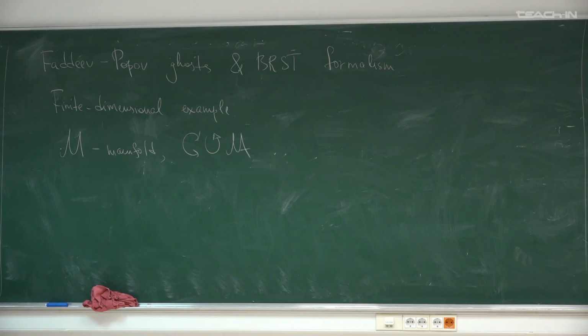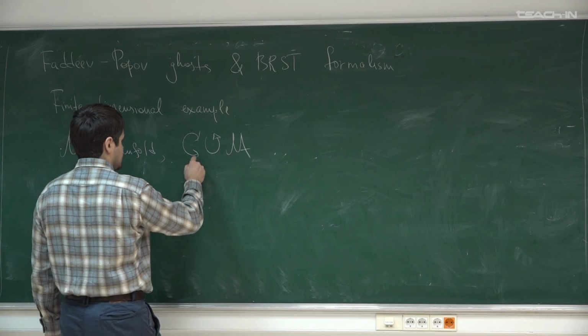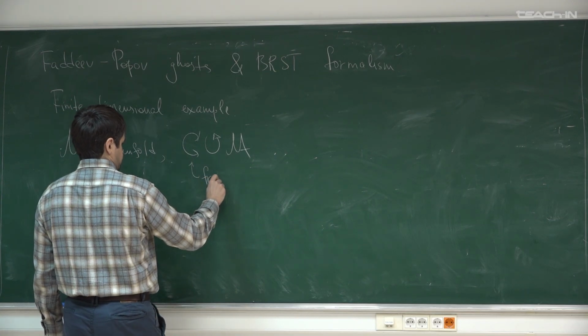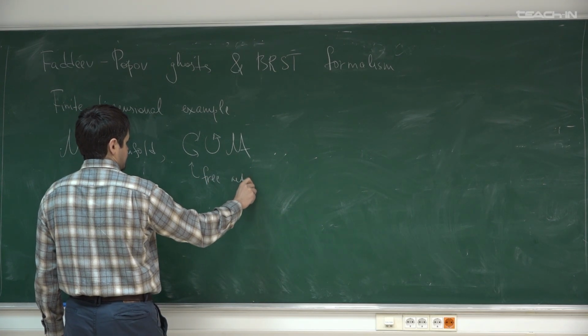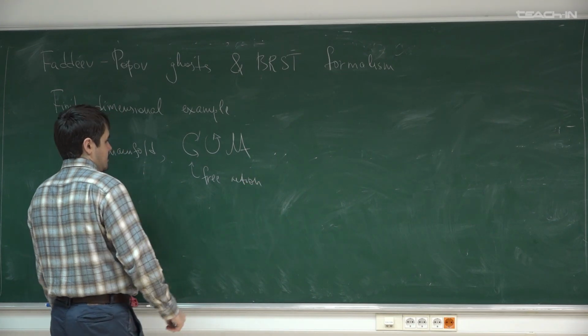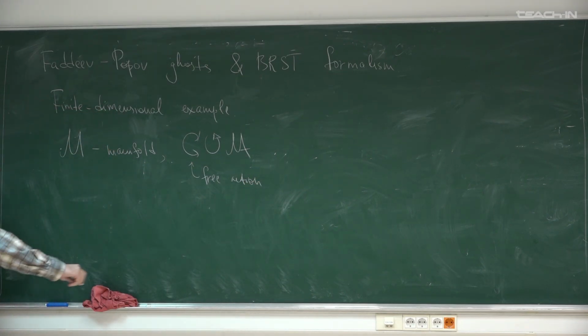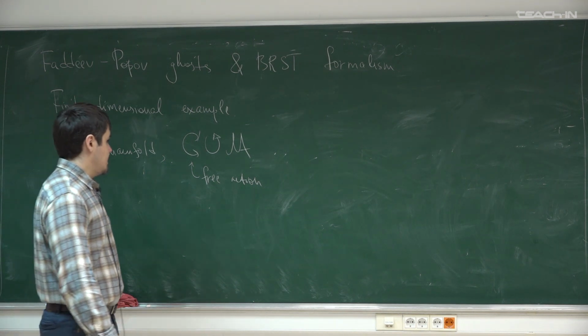We will assume that G is a free action. This means that every orbit is actually a copy of G, so there's no stabilizer of any point, and so on.